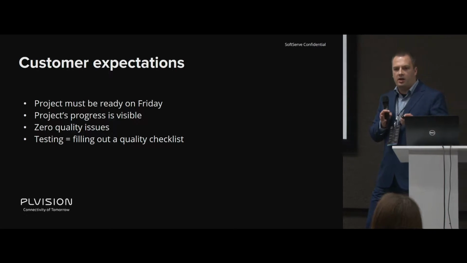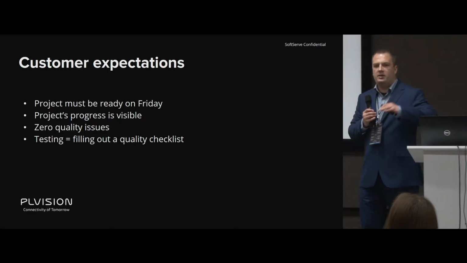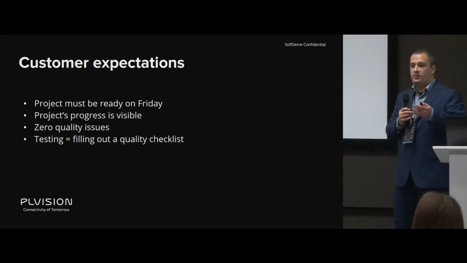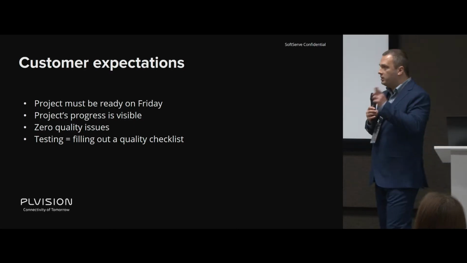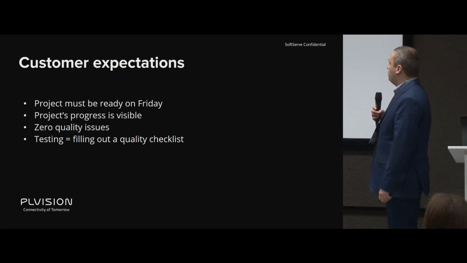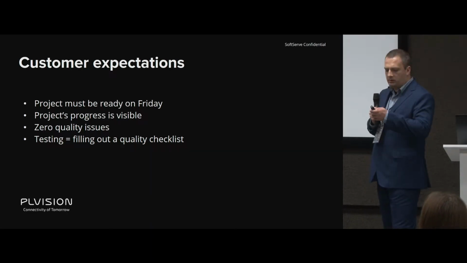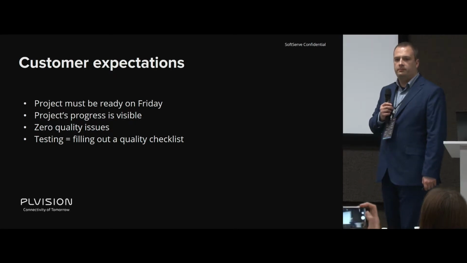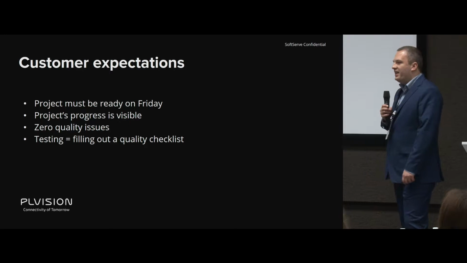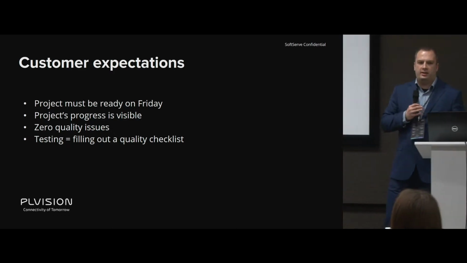If you build a house, each stage is visible, you see how it changes. If you build an engine, every stage of the implementation is visible and touchable. That is very important. Zero quality issues. Don't tell the customer there are minor issues. They won't understand that. And testing, they don't understand IT testing as is.